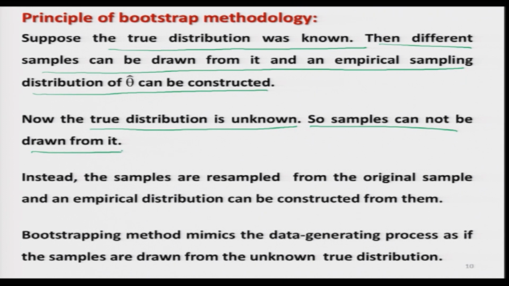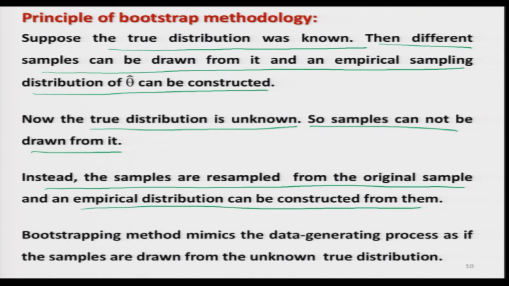Then how can you construct the empirical sampling distribution of theta hat? Instead, we draw samples through the resampling technique from the original sample, and construct an empirical distribution from the values of theta hat.